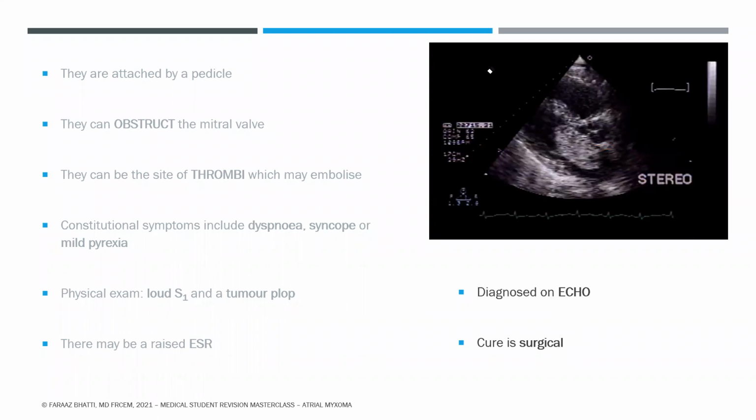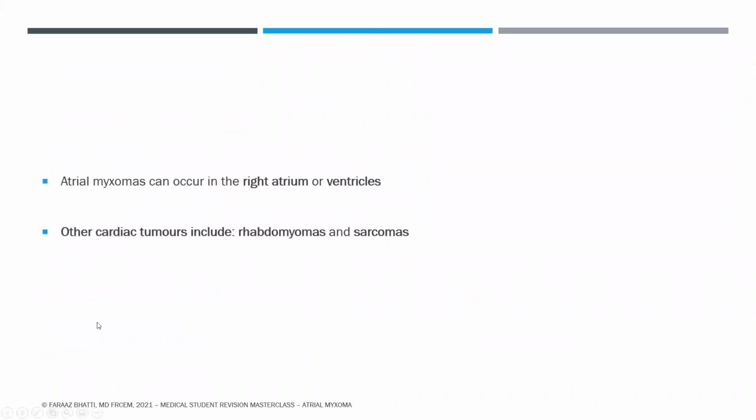And this is an echocardiogram, and the cure is surgical. Atrial myxomas can occur also in the right atrium or the ventricles, and there are other tumors which include rhabdomyomas and sarcomas.